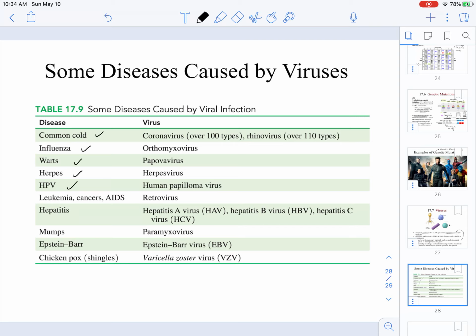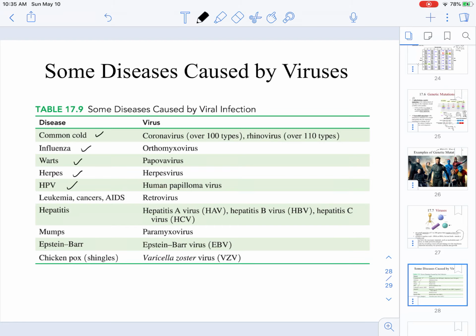Understand that to date, we do not have a cure for any viral infection. Okay? Right now, as you have heard in the news, there are new treatments that are trying to be developed to deal with the coronavirus. But in general, we do not have cures for any of the ones that we have in the list that is outlined in table 17.9.